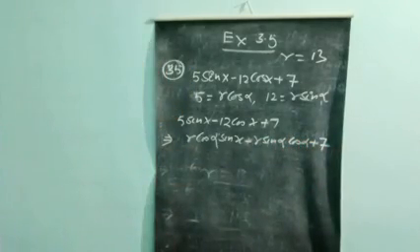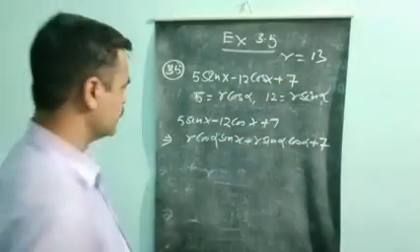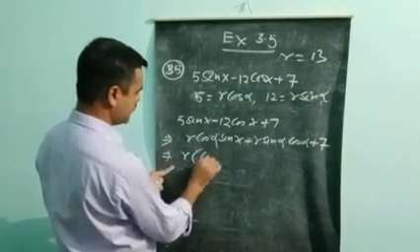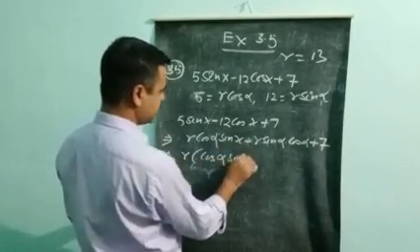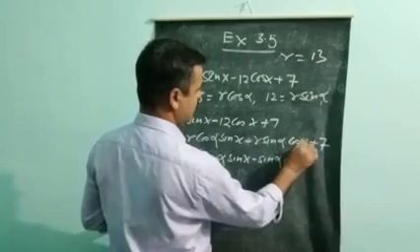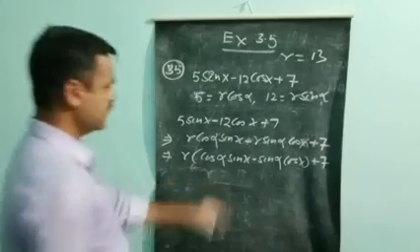Now we have found r equal 13, so first of all take r common: r times cos alpha sin x minus sin alpha cos x, plus 7. We will get like this one.